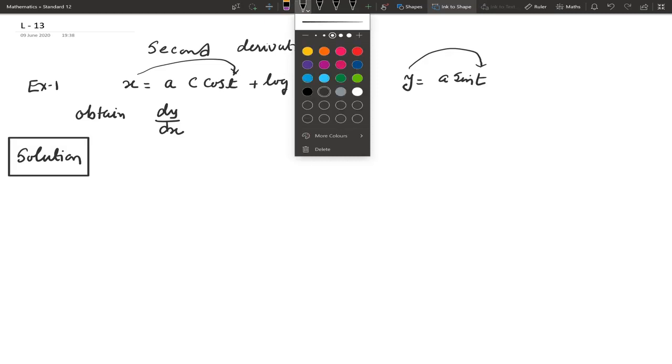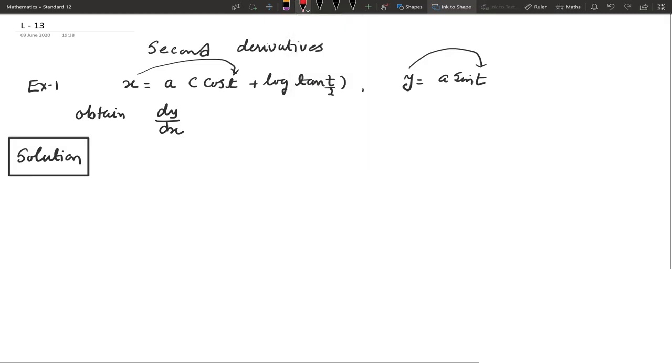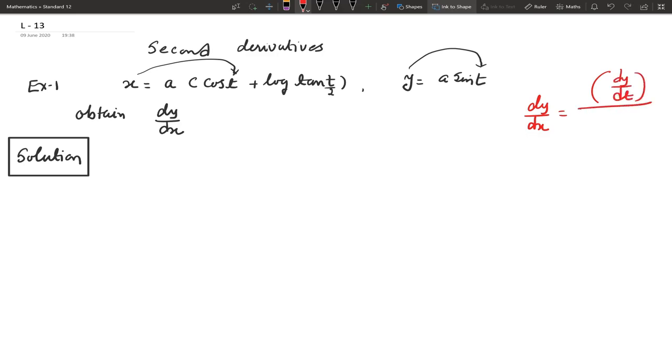So using derivatives of parametric functions, dy by dx can be obtained by dy by dt upon dx by dt. So we use this formula to find dy by dx.